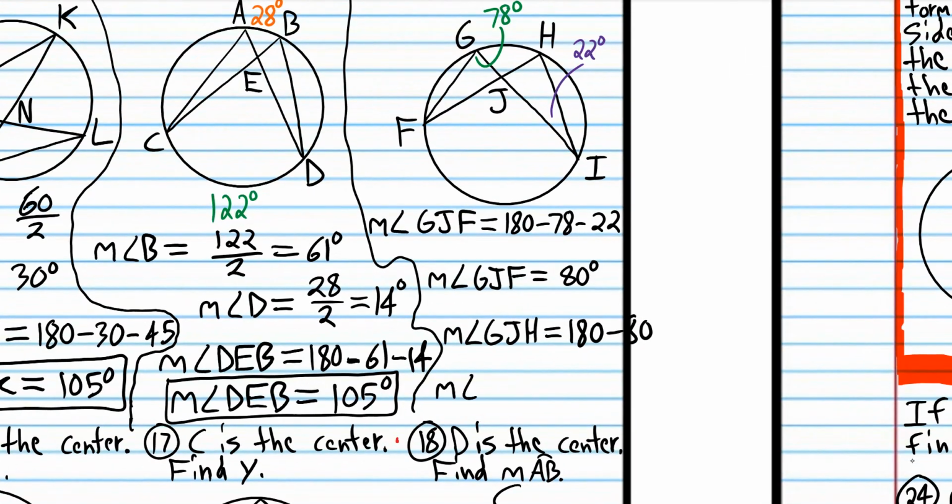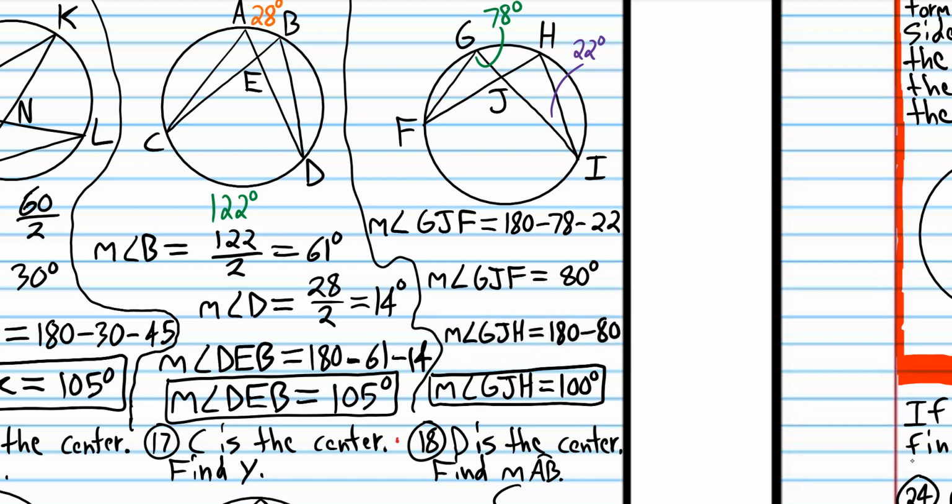So the measure of angle GJH is equal to 100 degrees. If you got that one, good job. If you didn't get it, that's okay. Again, with more practice, you're going to get these down.